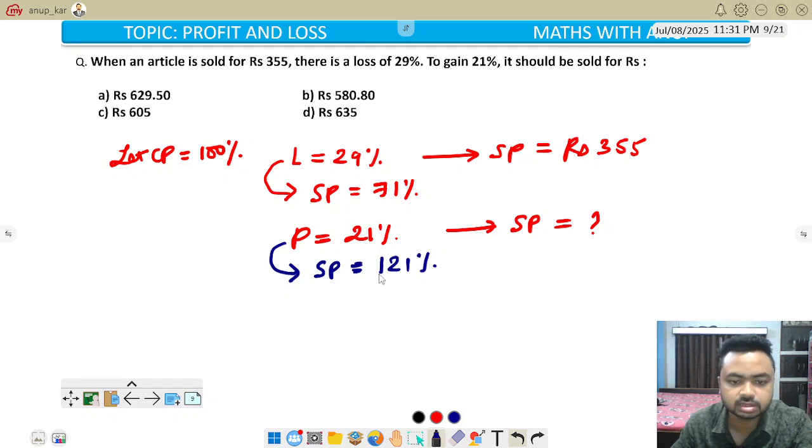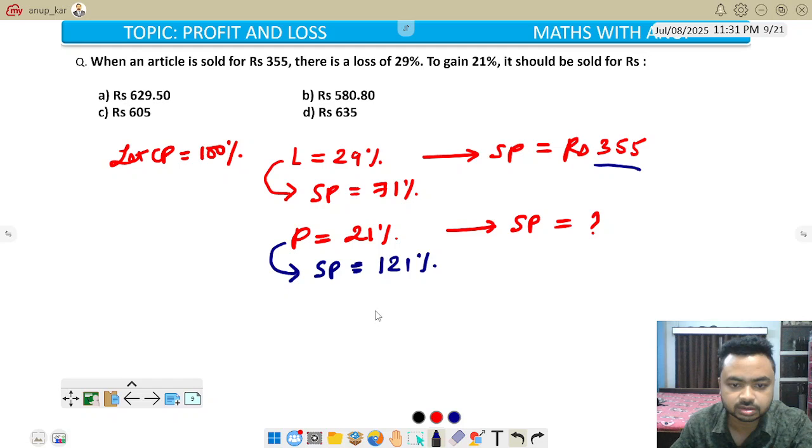Why? Because selling price percentage equals CP plus profit percentage. So we have to find out the selling price for this case. Here it is given that the selling price is 355.